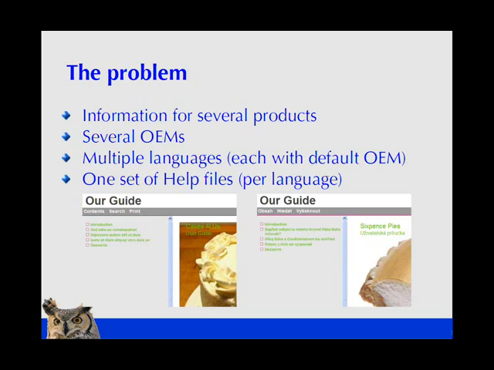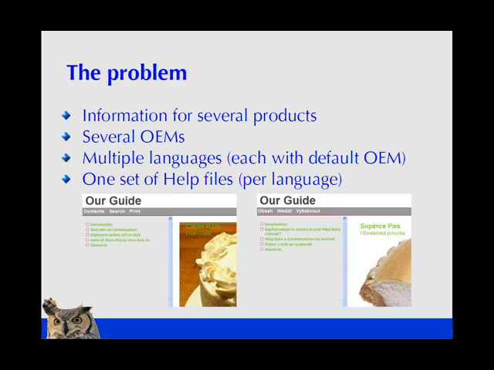Now we had an additional twist in here, and that was we were localizing to more than 10 languages. With localized help, you have to have an individual help set for each language. There's no help from dynamic text that would allow you to get around that kind of situation.